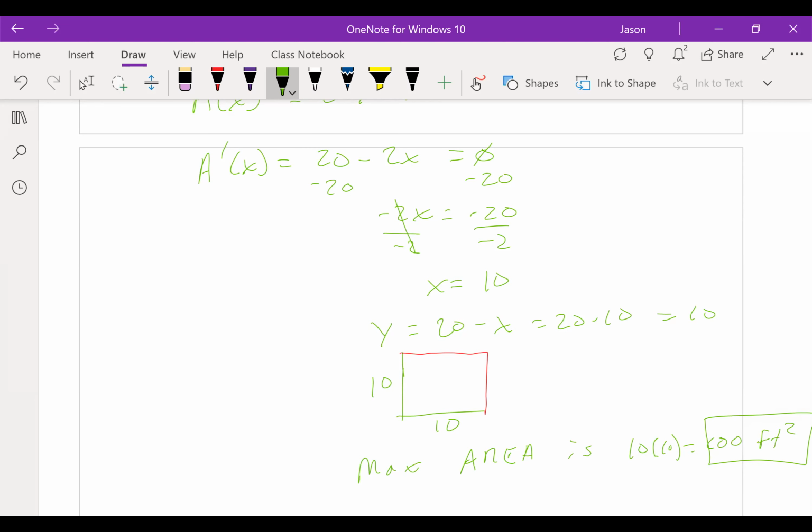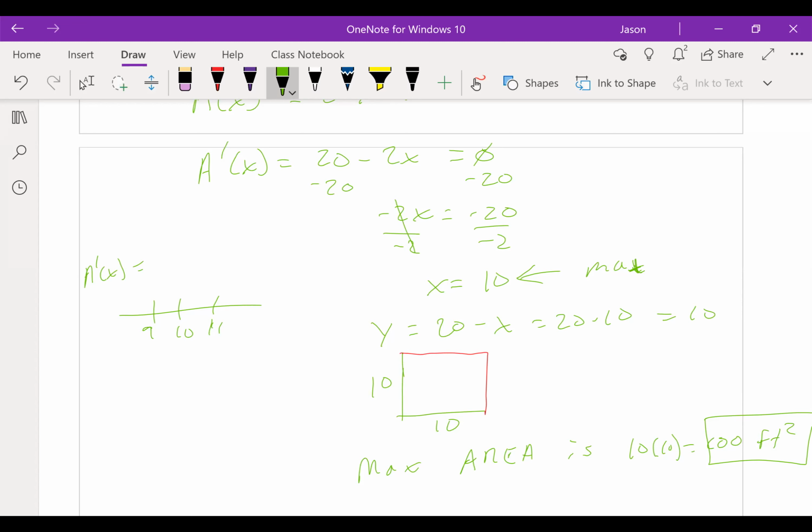Now how did I know that x equals 10 is a maximum? Well, I could look at values on either side of 10, plugging in maybe 9 and 11 into A prime of x.